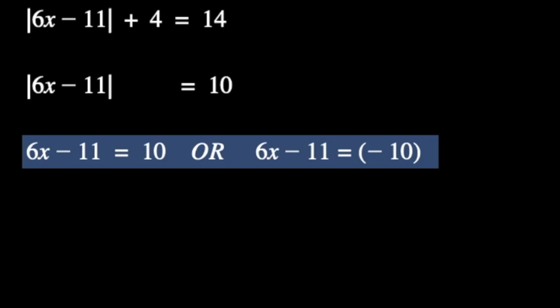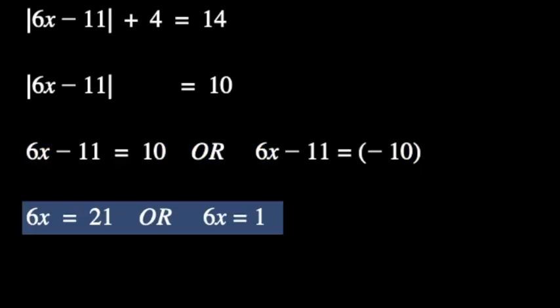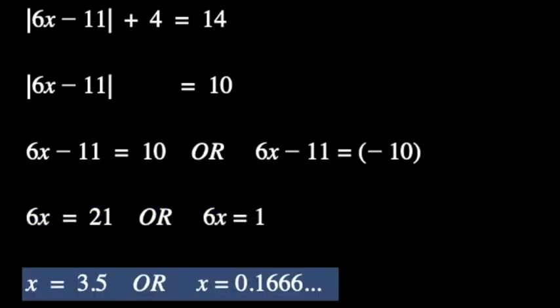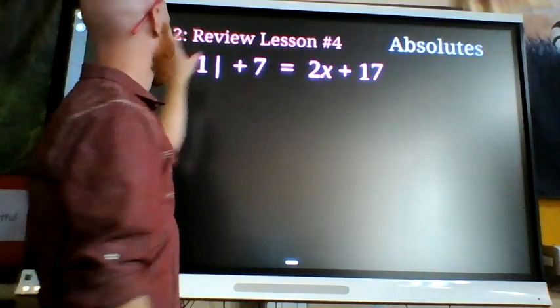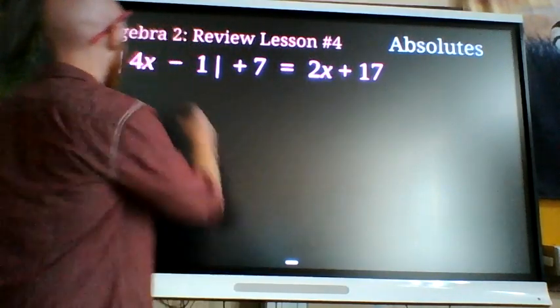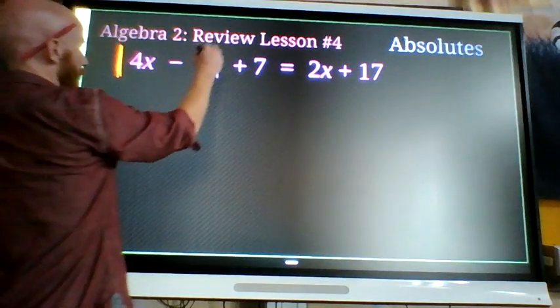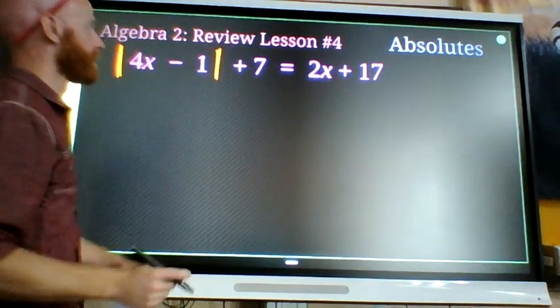What's inside that absolute value could equal negative 10 or positive 10. Solve each of those. So add 11 to both sides. Divide by 6. That's the solution. All right, when you have variables inside of absolute value and outside of absolute value, it starts to get really weird.